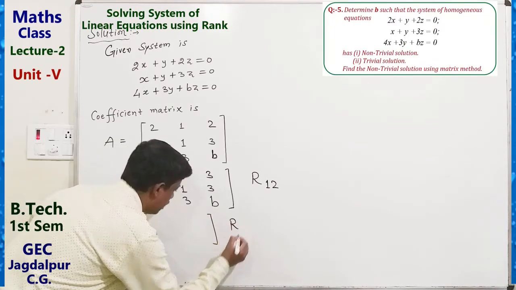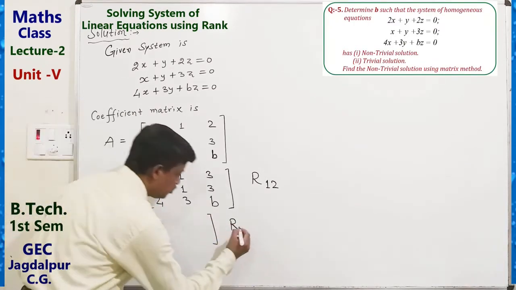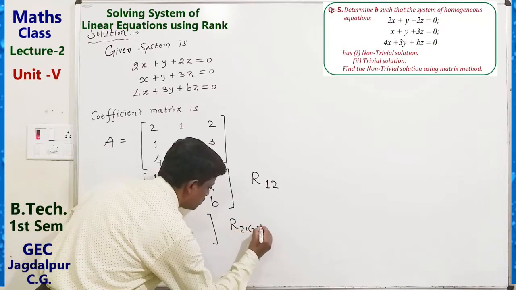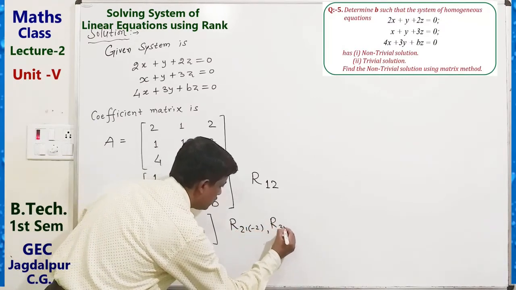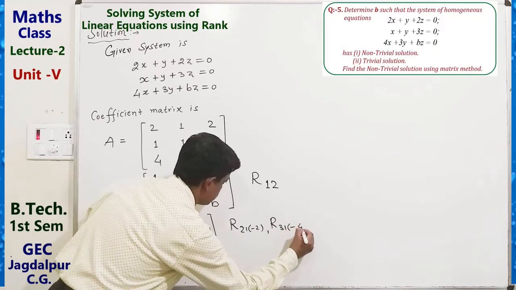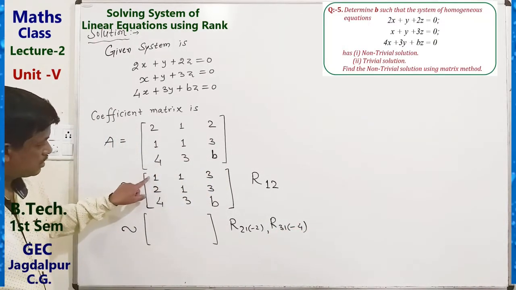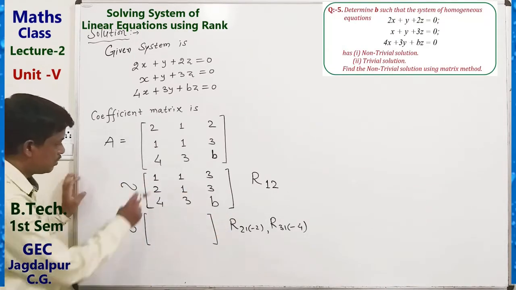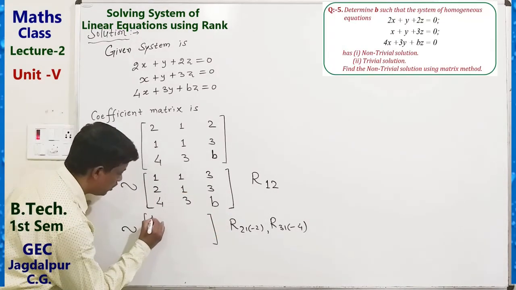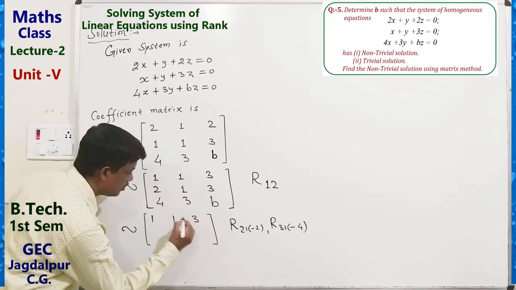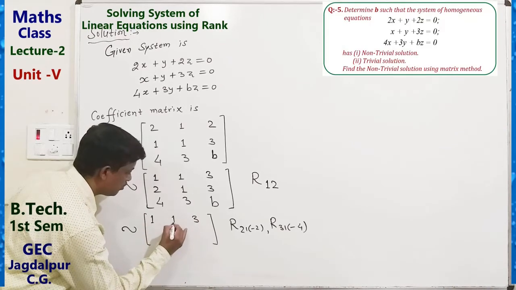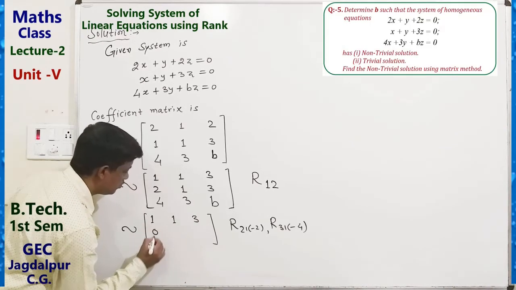What? R2 minus 2 R1, R3 minus 4 R1. This is multiplied by minus 2. So minus 2 plus 2, here 0.